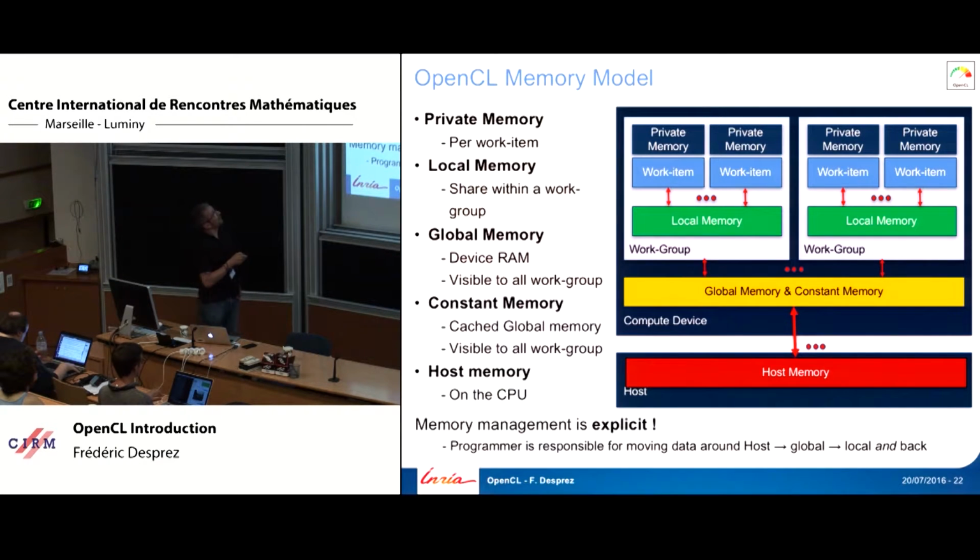You have the private memory per work item. Then you have a memory shared between work items, which is called local memory. You have the global memory for the whole device, which is shared between work groups. And you have the constant memory, which is smaller, in which you put data that is read-only and can be shared between all the work groups. And then on the CPU, you have the host memory.